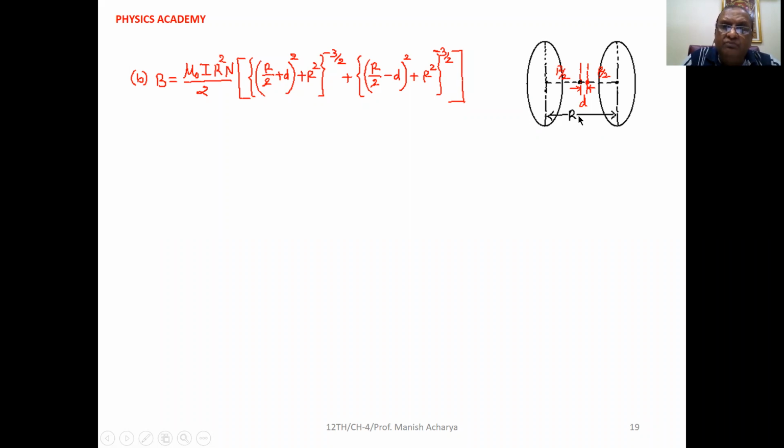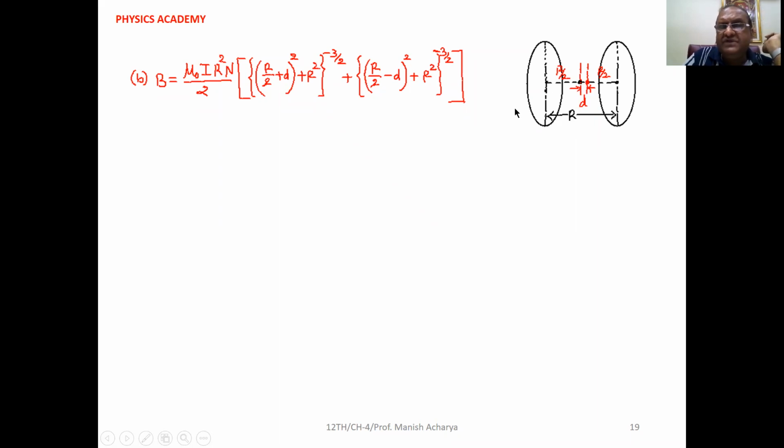Now we have to prove this. At the midpoint of the axis of these two coils, the magnetic field is uniform in the region close to the midpoint.